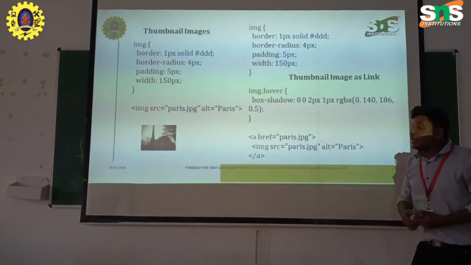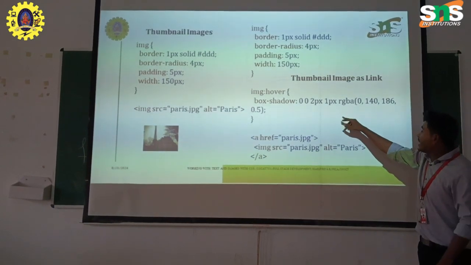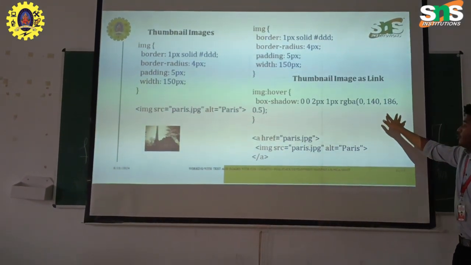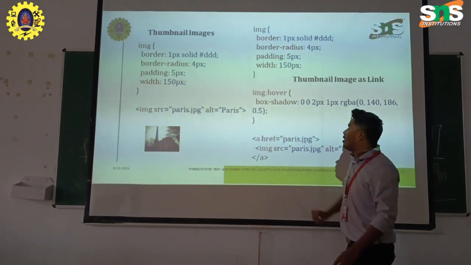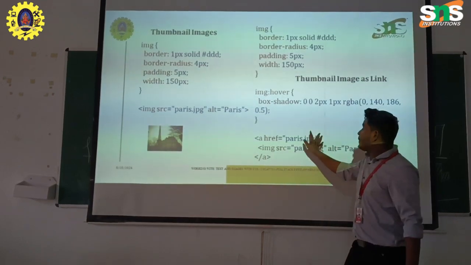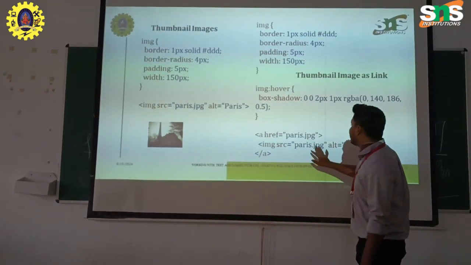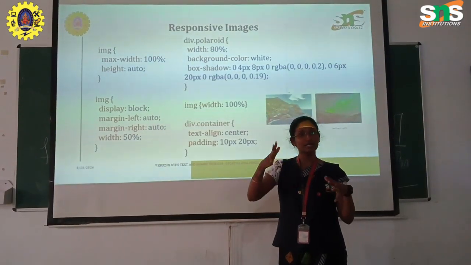The box shadow is for the image, giving 0 0 2px and 1px RGBA. This value is for giving this RGBA to the box shadow. After that we give the href, giving the Paris image as the link, and it will be converted to the image source. This is how to change your images as static pages.